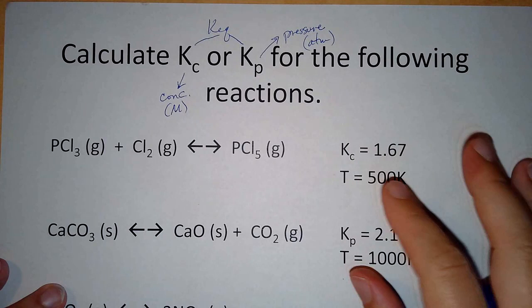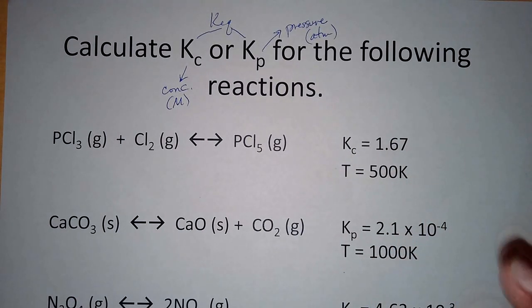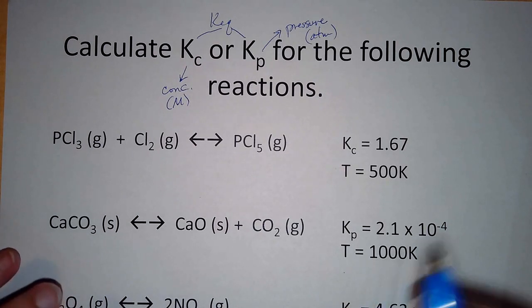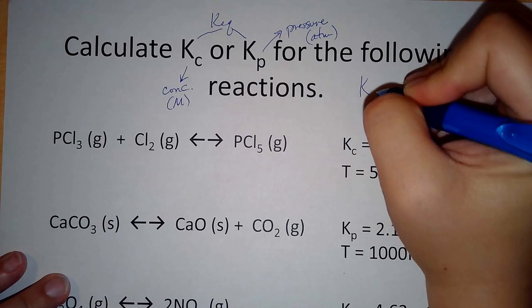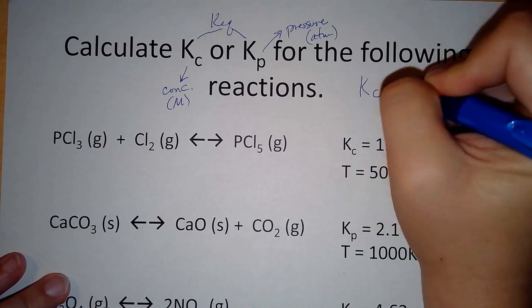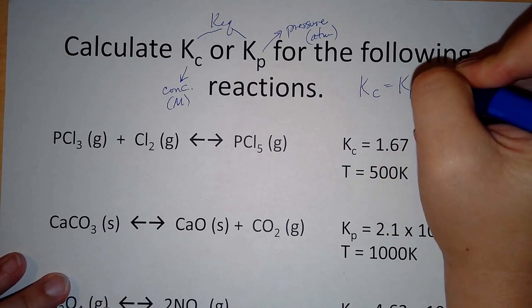Alright, so if we have one and we need to switch between it to the other, we can use the equation. So our equation, Kc is equal to Kp times RT to the delta N.